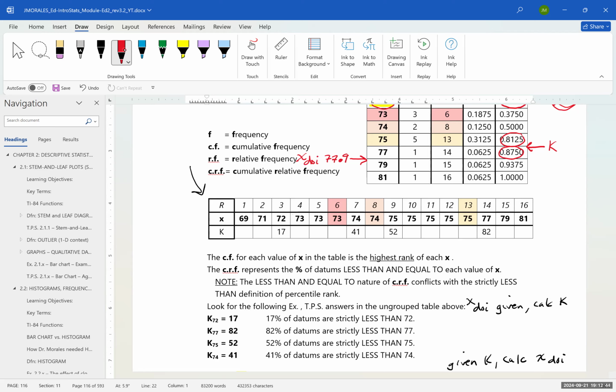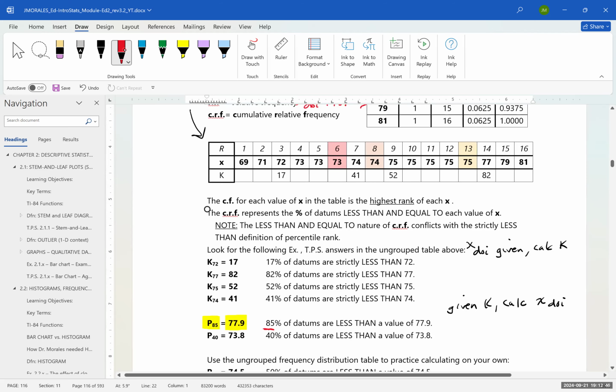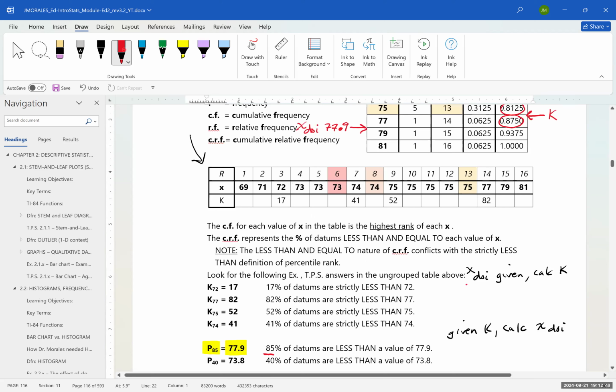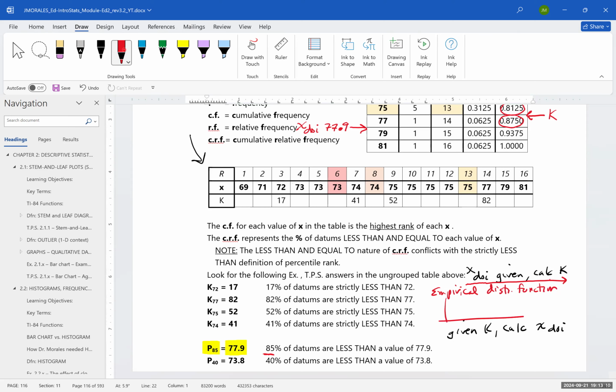All right. The reason for that is that when we were going in this direction, where we had a datum of interest first and we were calculating a percentile rank, that comes from this actually being what's called an empirical distribution function, which when you look at a graph of it looks something like this, right?